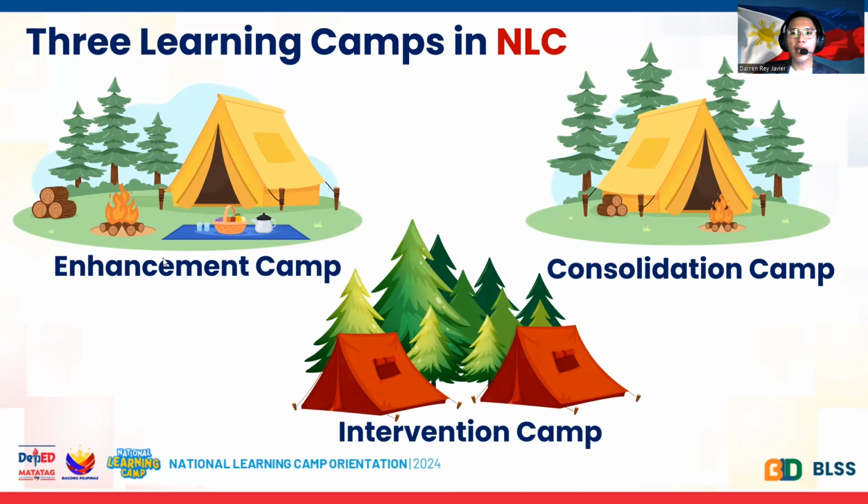So enhancement camp enriches learning for advanced learners by providing greater depth, breadth, and complexity of learning area competencies, while consolidation camp provides further practice and application of previously taught competencies. And lastly, the intervention camp supports learners who are yet to grasp foundational mathematics and or foundational English skills.